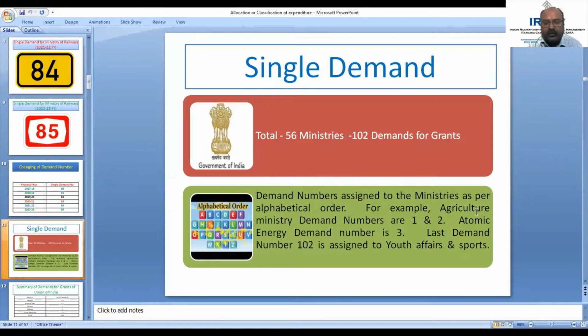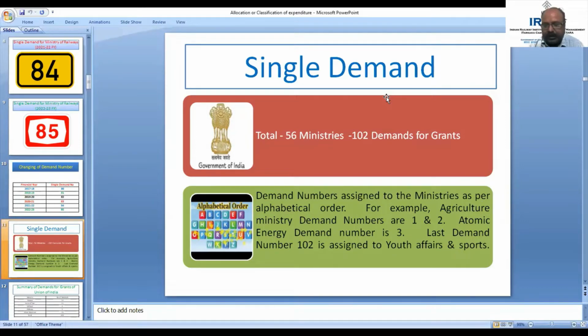In total we have 56 ministries and 102 demands for grants, assigned to ministries in alphabetical order of their names. That is why the Agriculture Department got demand numbers 1 and 2, and the Ministry of Youth Affairs and Sports got the last demand number because it starts with Y.